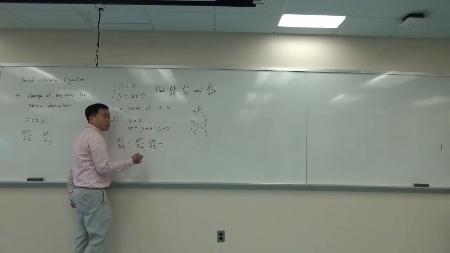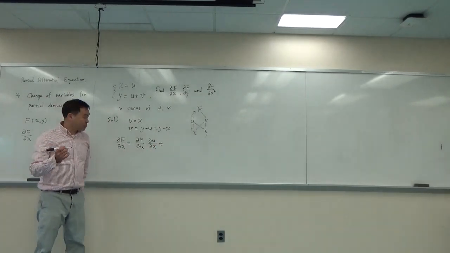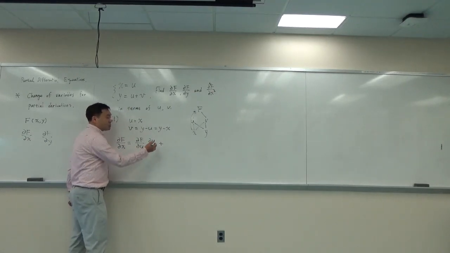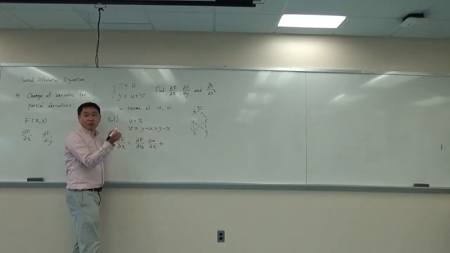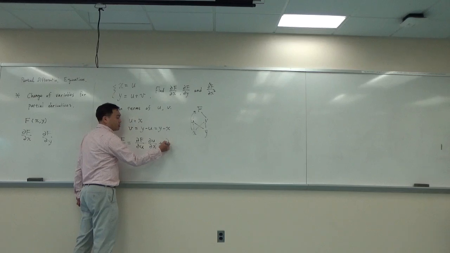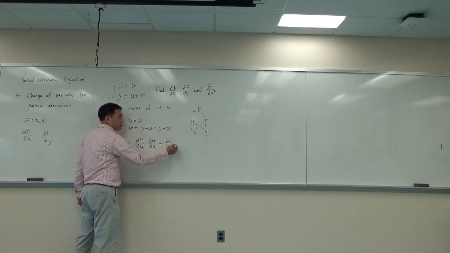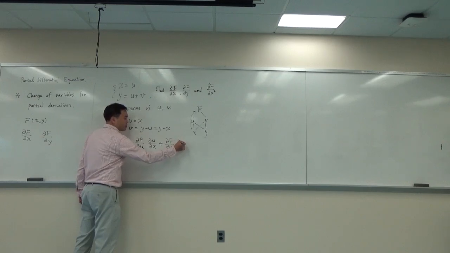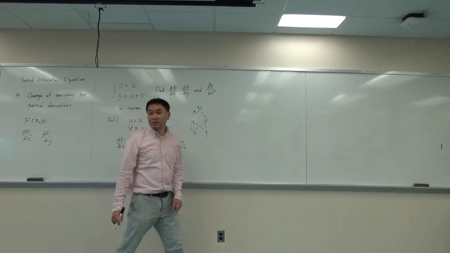There's another route of influence. So what's the second term? Can you complete this for me? What should I put? Partial of F over partial of V times partial of V over partial of X. Yes, that's right.